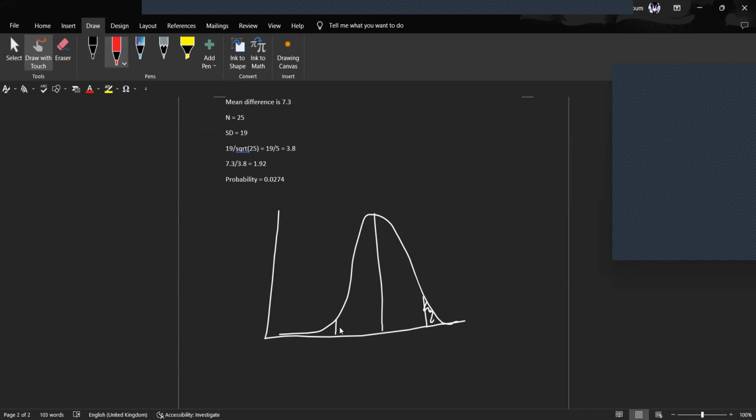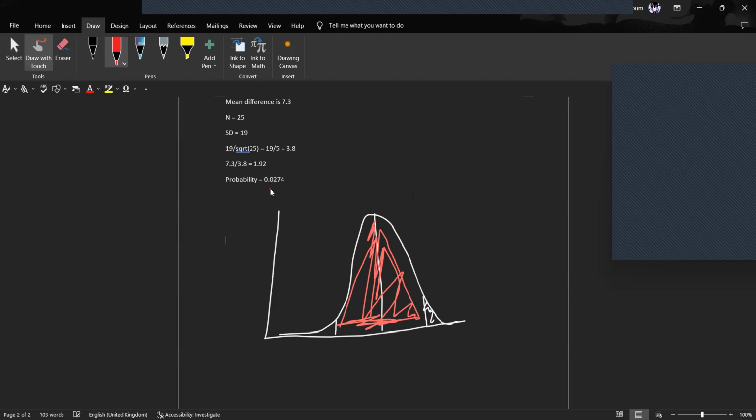So if I shade it in really not well, the p-value represents not this red region, so further away from the population mean than all of this red area.